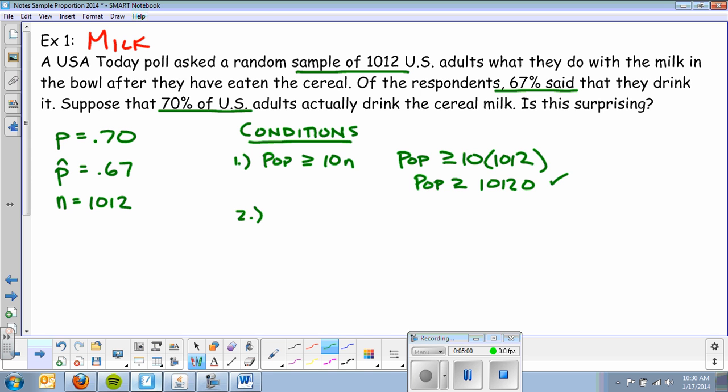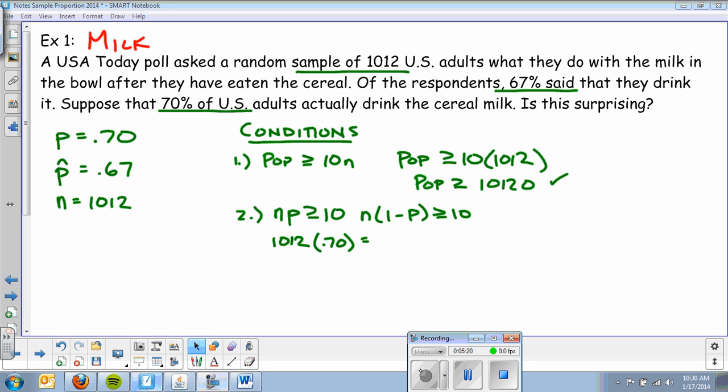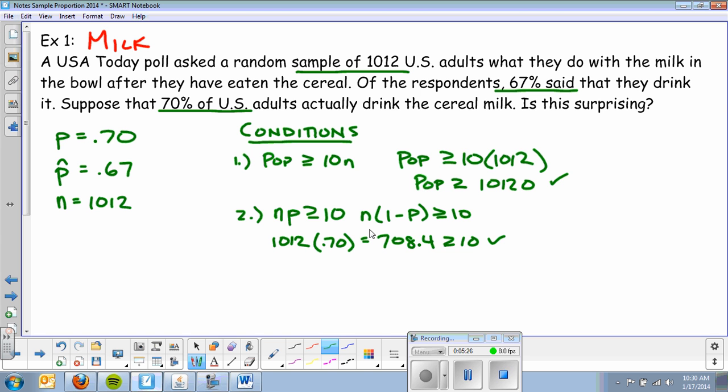And the second one is np greater than or equal to 10 and n times 1 minus p greater than or equal to 10. There are 1,012 people, and the p in this case is 70%, and that equals 708.4, which is definitely greater than or equal to 10.